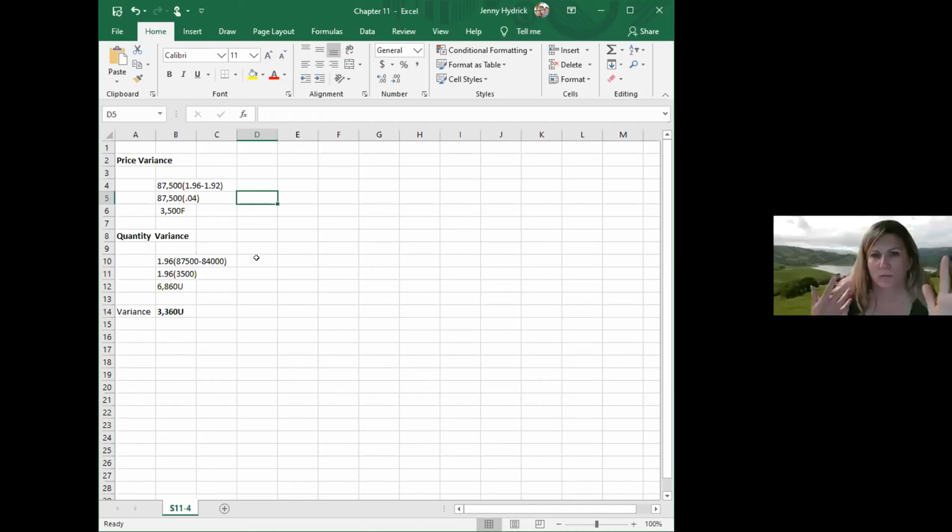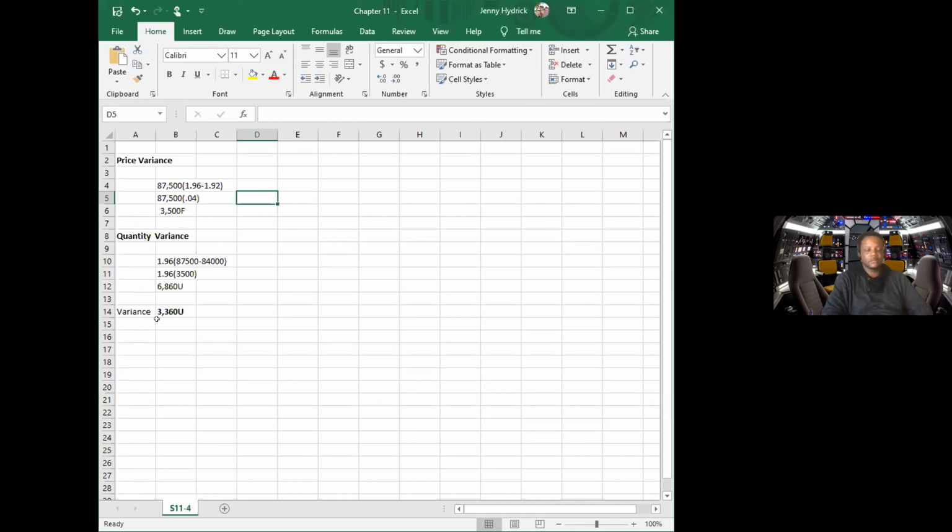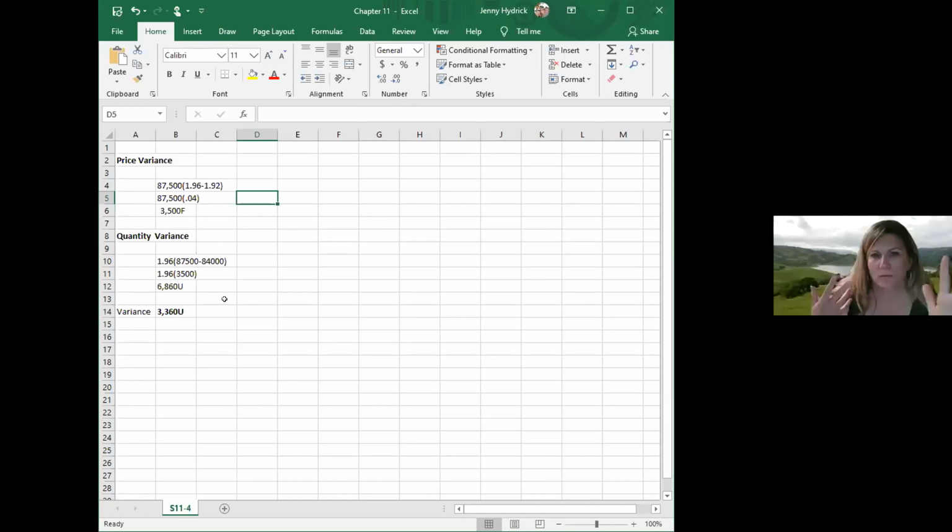So we multiplied $1.96 by 3,500 and got an unfavorable variance of 6,860. Then taking both of those variances gave us the total variance, which would also be unfavorable, of 3,360.